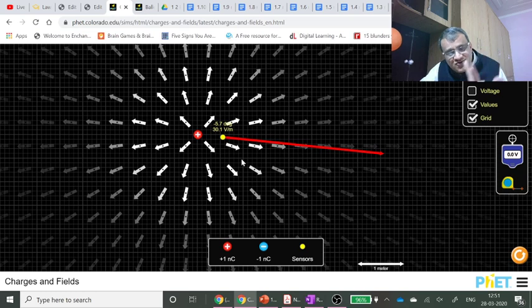So how do you know that the field decreases as 1 by r square and not as 1 by r, not as 1 by r cube, and not as 1 by r raised to 3 by 2 or any other number? I want you to think the way our forefathers would have thought.